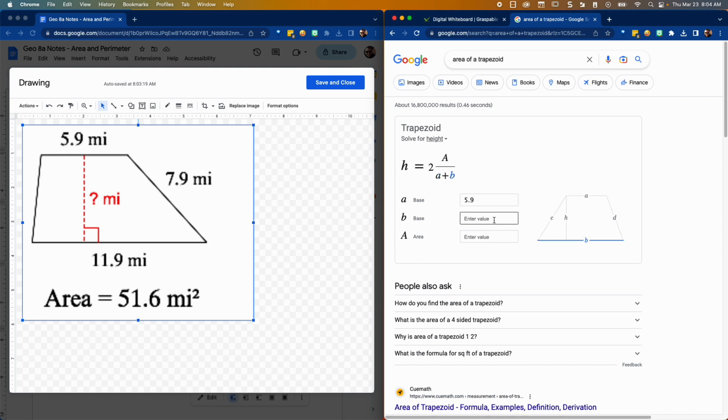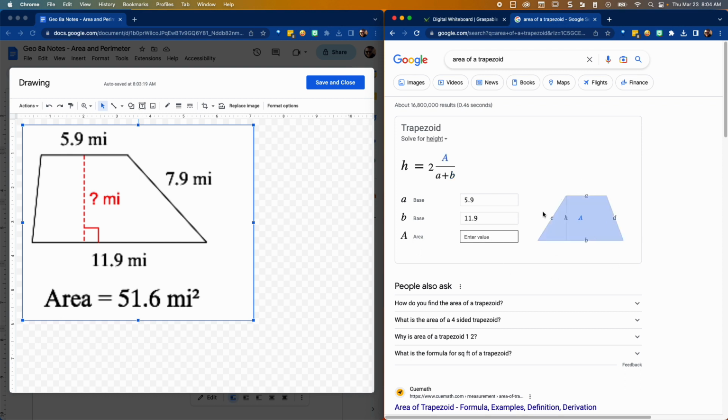And notice that when you click in a box, it will often tell you where that piece is. When I click in this box for the A base, it will often highlight what it is. So that one is saying it's up there. Now it's saying you're talking about the B down here. That's 11.9.